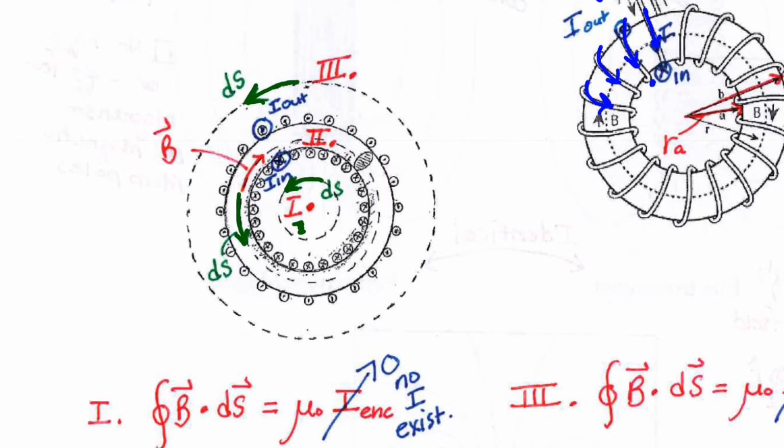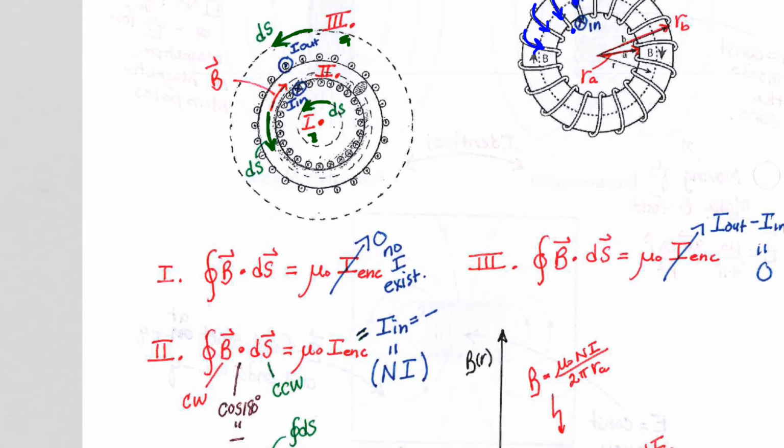with region 1 and region 3, when we look at our I enclosed, we get no net I enclosed. First of all, there's no I at all in region 1, and in region 3, we have both the I out and the I in canceling out.